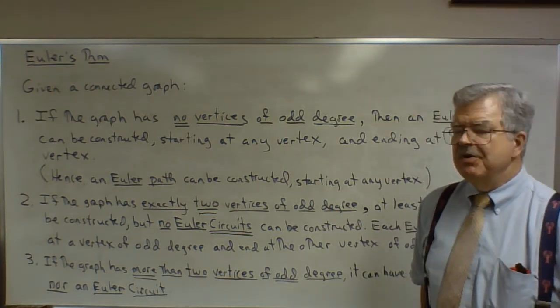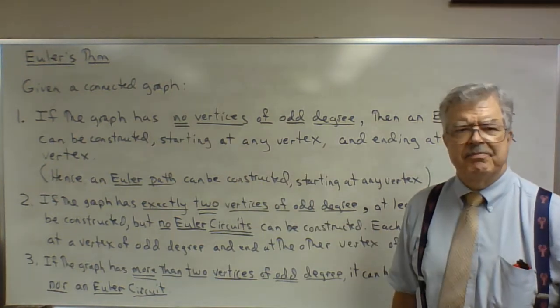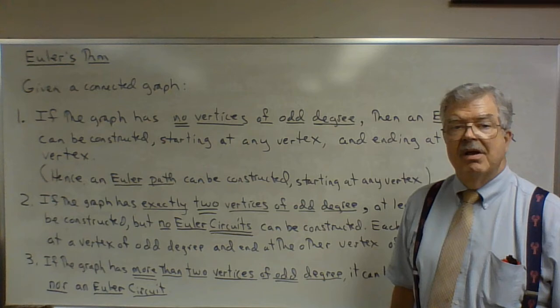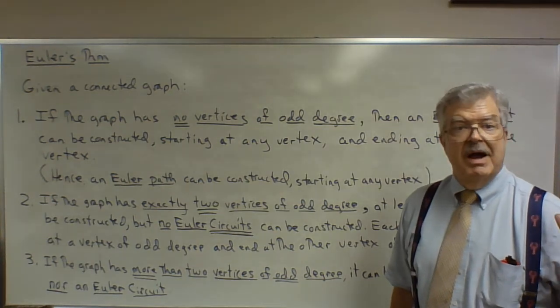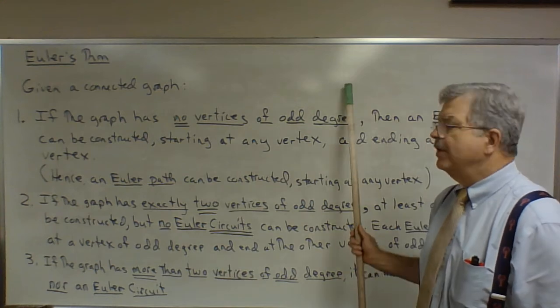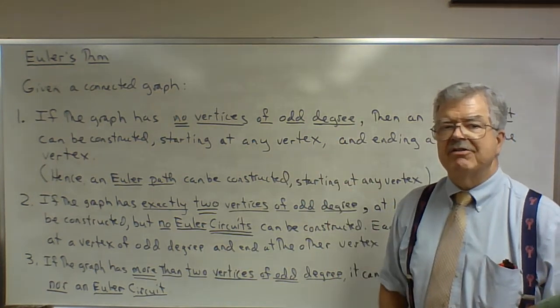And remember the two examples that we looked at before I put this mess on the board? We had one graph where I was able to draw an Euler circuit, and another graph where I couldn't. And then we wrote down the degree of each vertex.